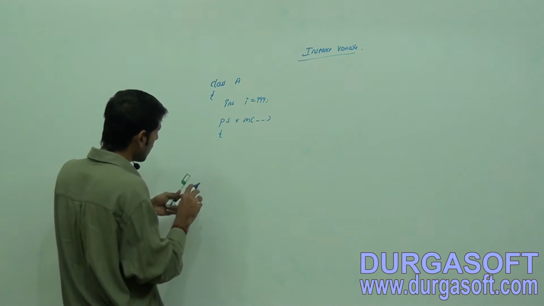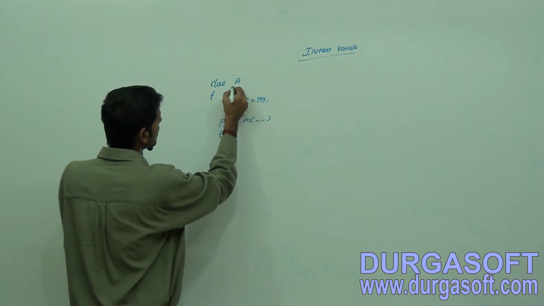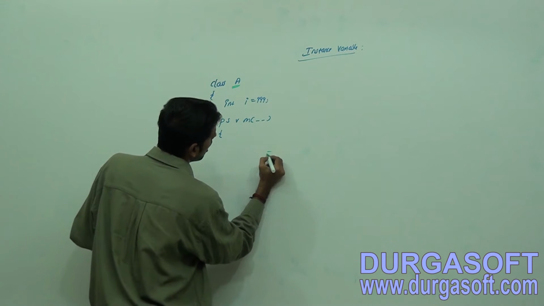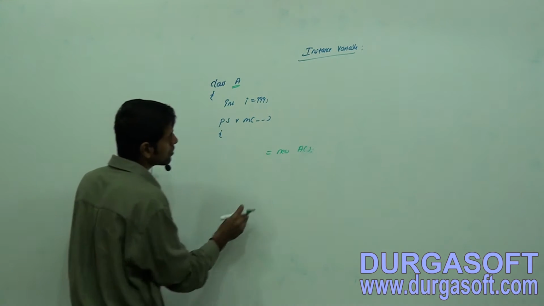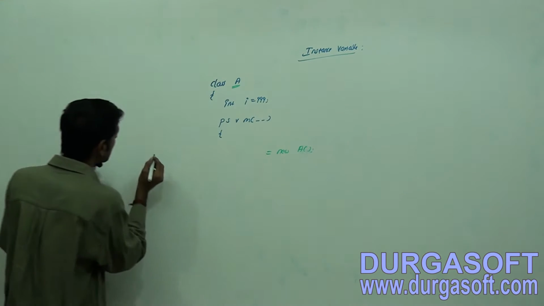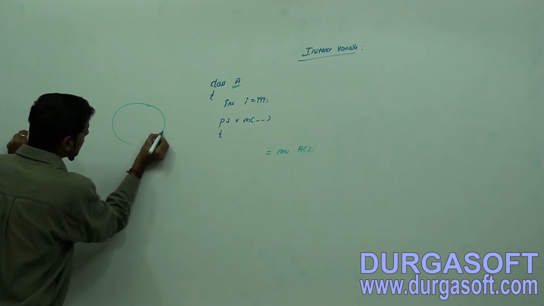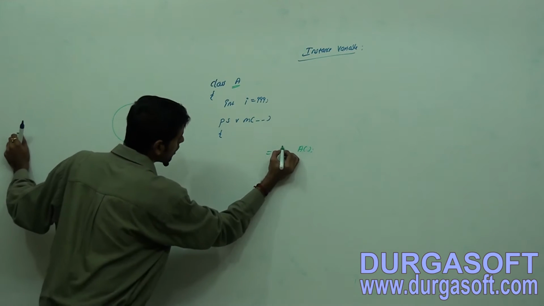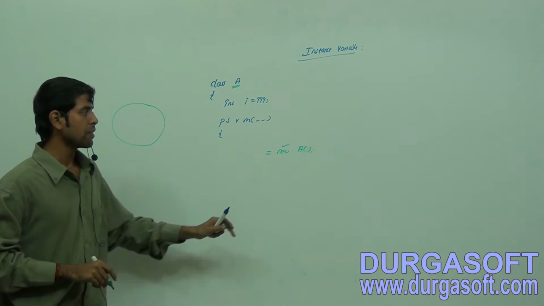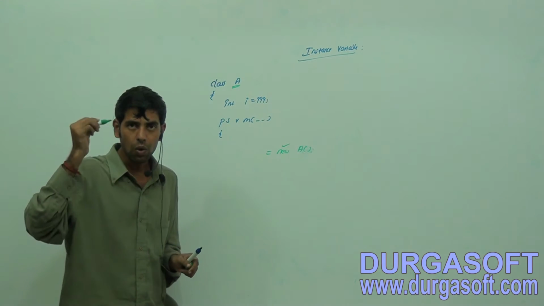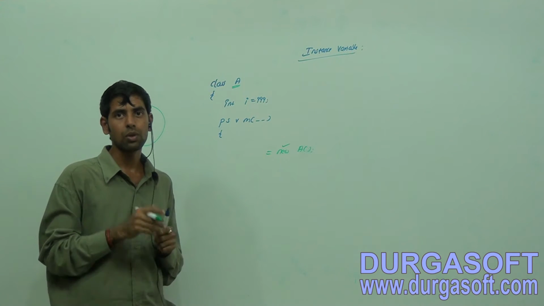Observe here. Now let me create one instance for this class called A. How to create that one? new A. Because of this, what is going to happen at memory? Memory allocation will be done because of the new operator, and because of the constructor, instance control flow will get executed.